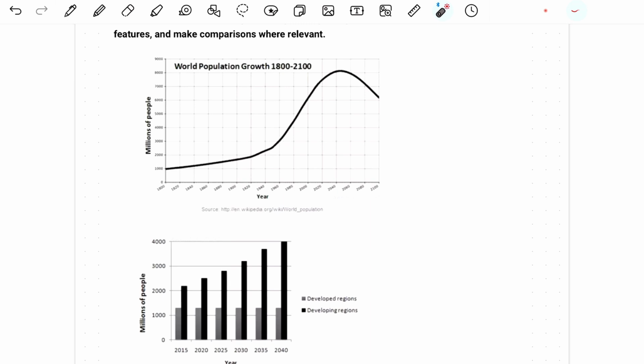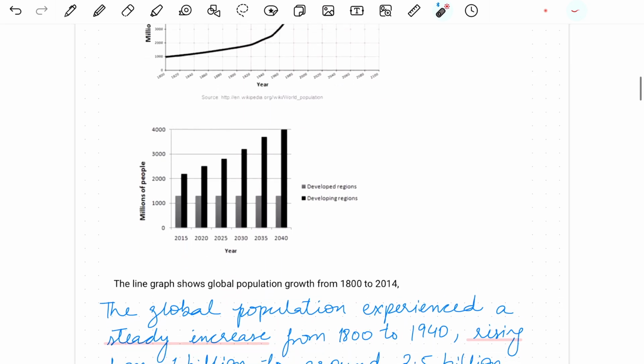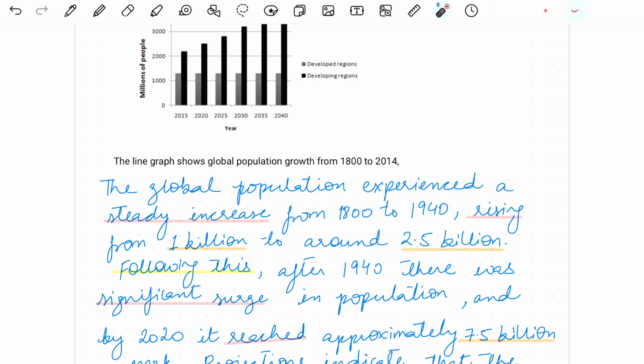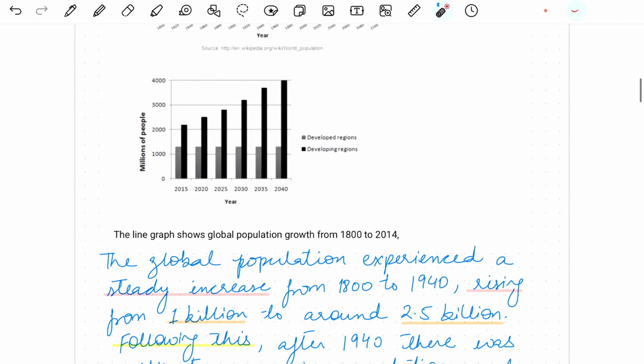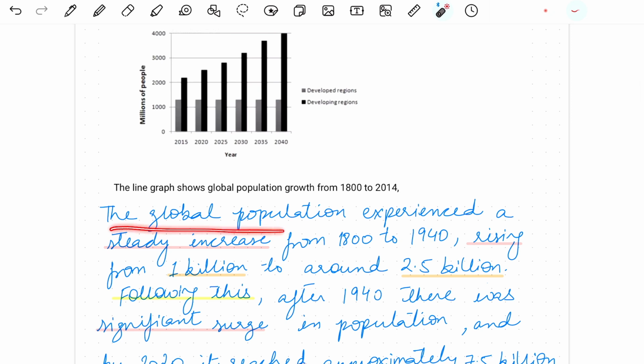Okay, so I hope that you were able to analyze it and write the main body paragraphs. Now let's see. So here I've started with the line chart, and I've written that the global population experienced a steady increase from 1800 to 1940.